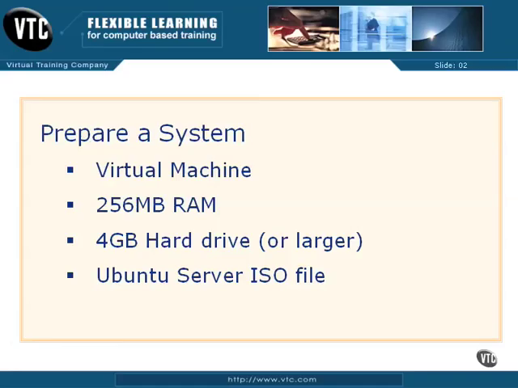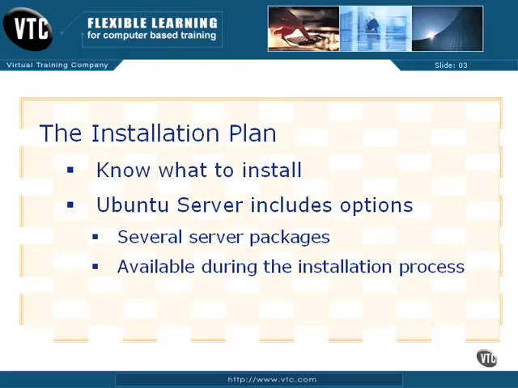But before you actually start the installation, you'll want a plan. You need to know what you want to install. The standard Ubuntu server installation program supports the inclusion of one or more of several different server packages.